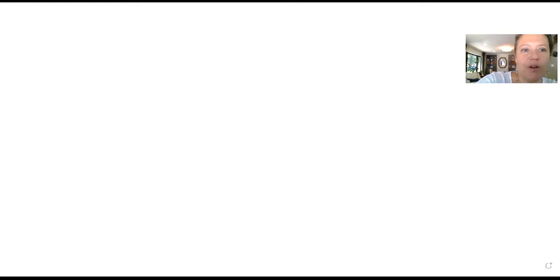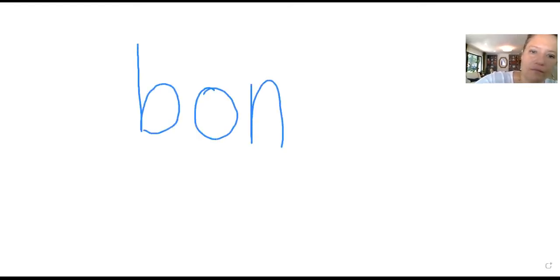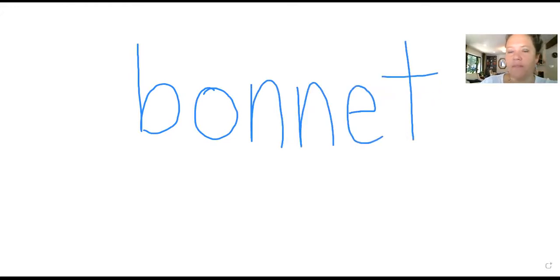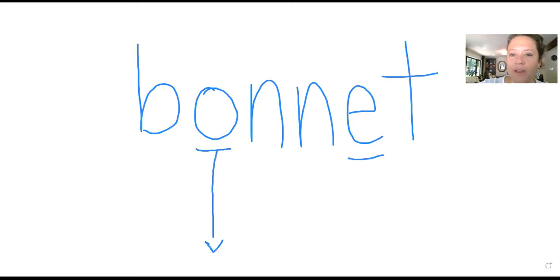So the first word we are going to look at is this word here. Now, what we do first is we underline our vowels. I have an O and I have an E. After I do that, I'm going to draw a line down like this and put a V, because we know that those are our vowels.